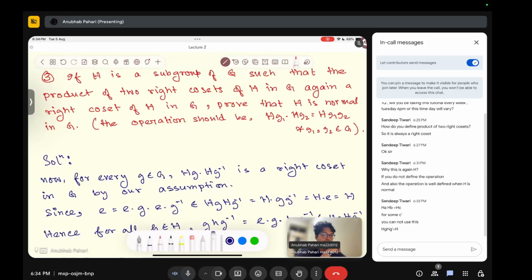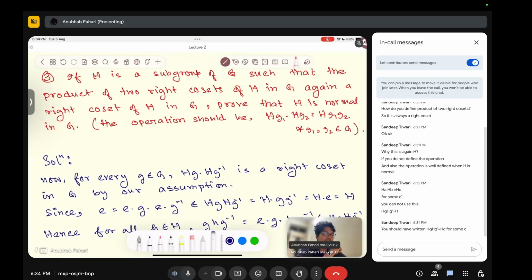No, we are not using this, that Hg should not be H, that we are not using.